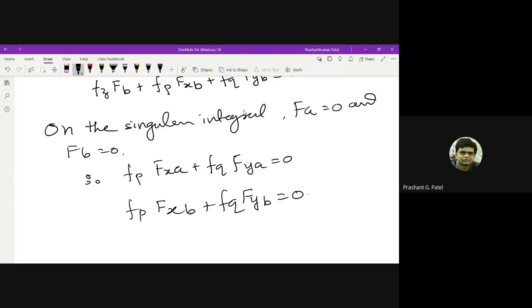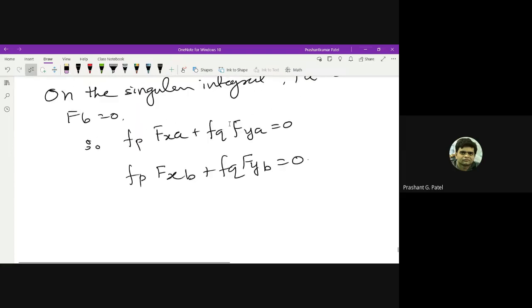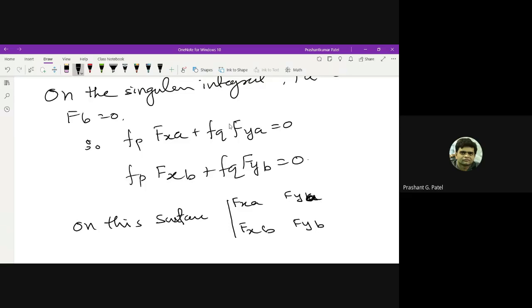It will always have a solution. If you don't want only the trivial solution, that means on the surface the determinant, that is Fxa, Fya, Fxb, Fyb, is non-zero.